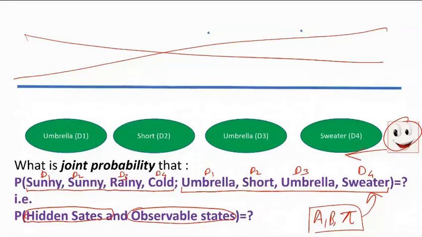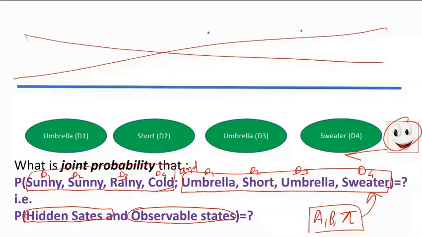Now the question is: what is the joint probability of this sequence of days and this sequence of symbols emitted by the system? The hidden states are sunny, sunny, rainy, cold, and accordingly the emitted symbols are umbrella, shorts, umbrella, sweater.